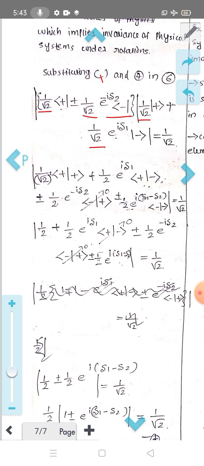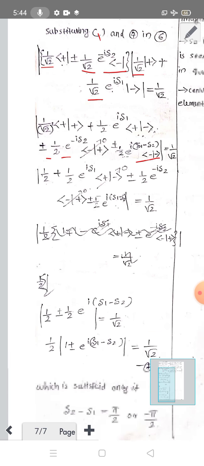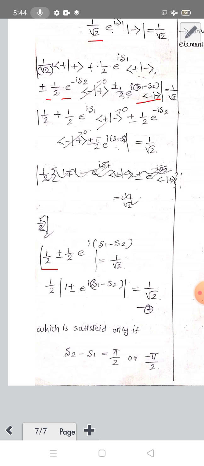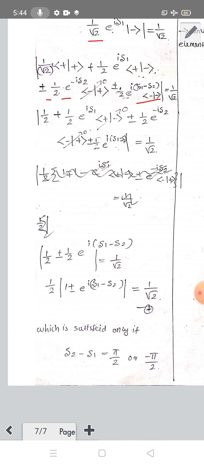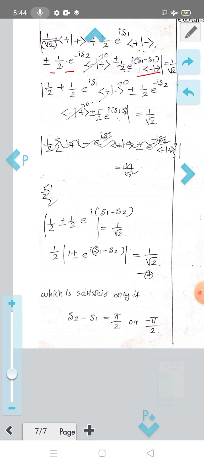And again plus or minus, here 1 by 2 e raised to minus i delta 2, this is also 0, so that term is also 0, then plus or minus, here it is 1, so we get this term. So we can write modulus of 1 by 2 plus or minus 1 by 2 e raised to i into delta 1 minus delta 2, it is in modulus, that is equal to 1 by root 2. So taking 1 by 2 outside, we will get 1 by 2 modulus of 1 plus or minus e raised to i into delta 1 minus delta 2 equal to 1 by root 2.